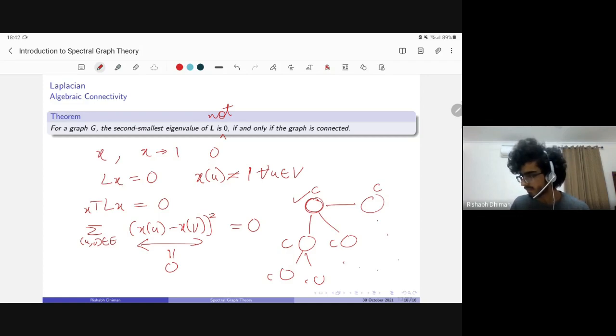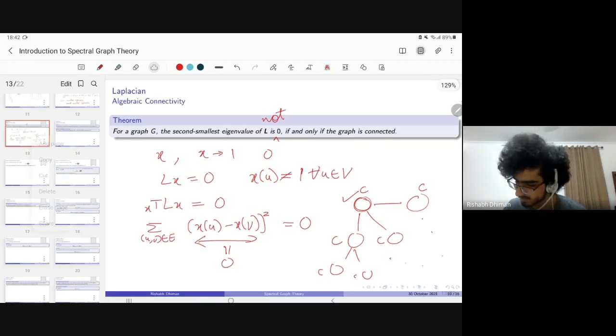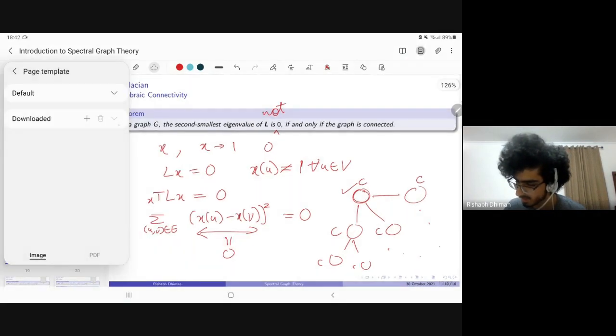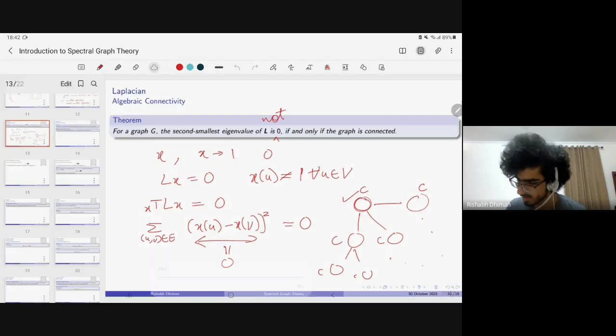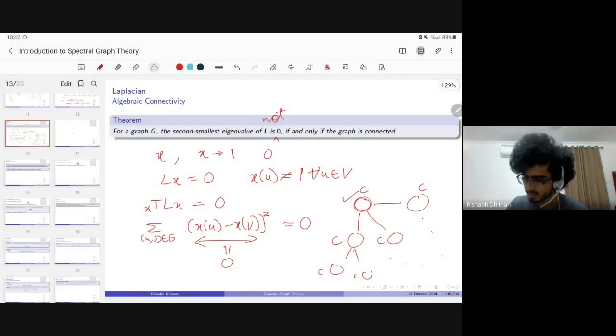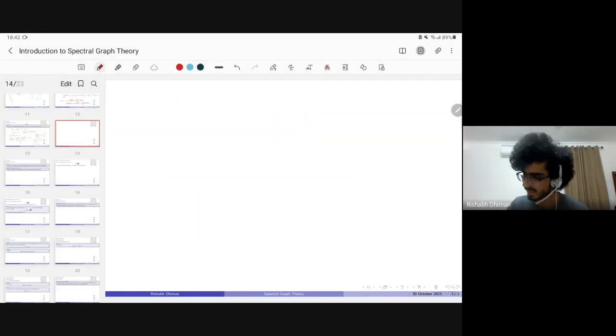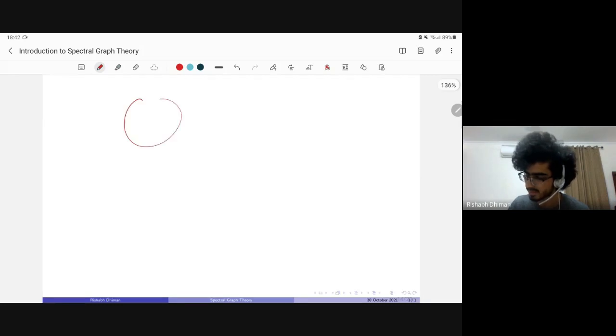Now, if this were the case, what this ends up proving is that if you have some connected component of a graph, and a single node here has a value c, all of its neighbors have a value c, and so on.